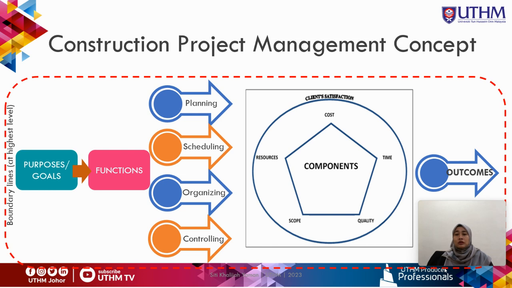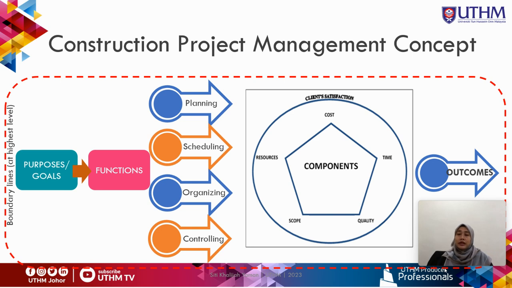So the main important components related to project management consist of the cost of the project, and the time, or durations taken to complete each task and the whole project, so that it will be delivered according to the assigned contract durations.